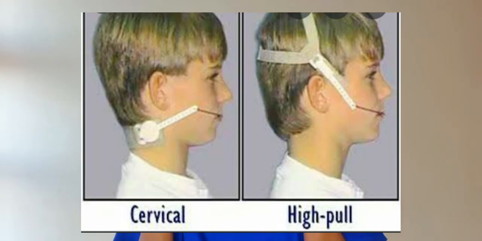It is then attached to bands that are normally placed on the maxillary sixes. So by restricting or minimizing growth, it gives the opposing arch a chance to grow and correct the skeletal discrepancy if necessary.